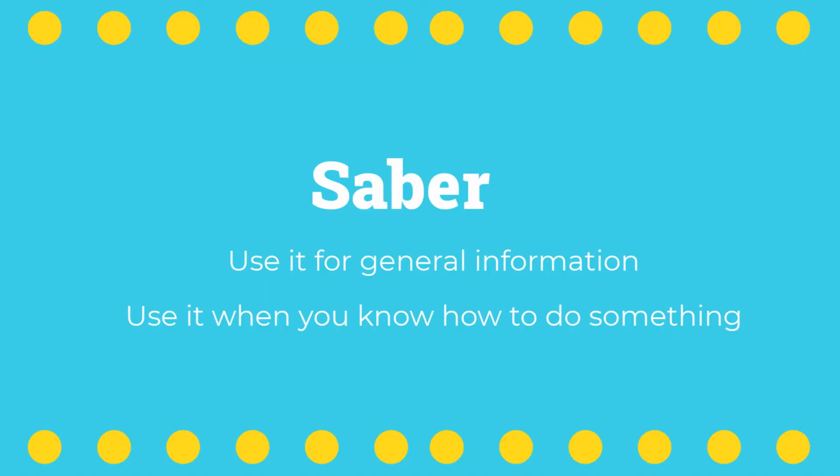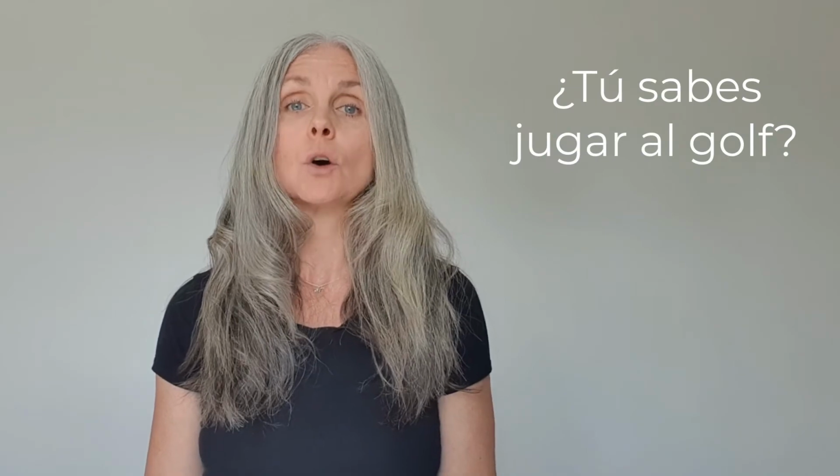We also use the verb saber when we're talking about knowing how to do something. So maybe I want to know if you know how to play golf. I might ask you, ¿tú sabes jugar al golf? Do you know how to play golf? That's the informal you.